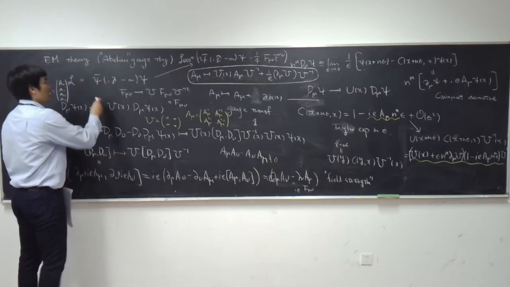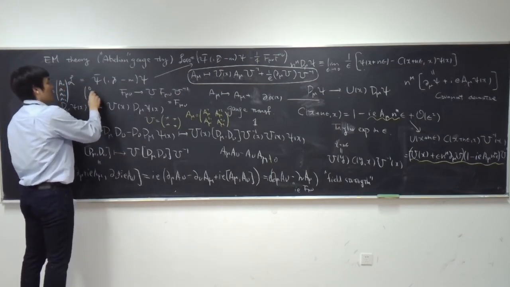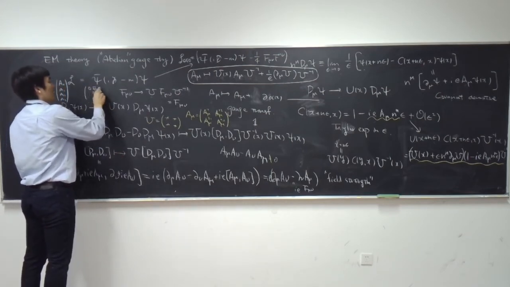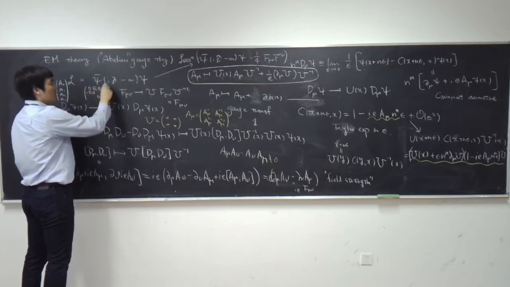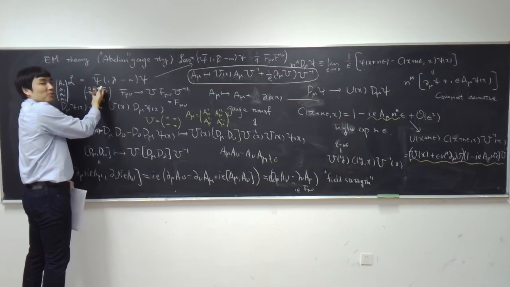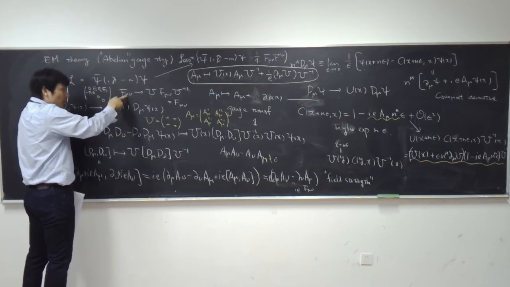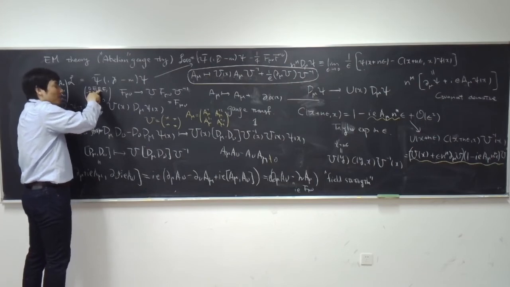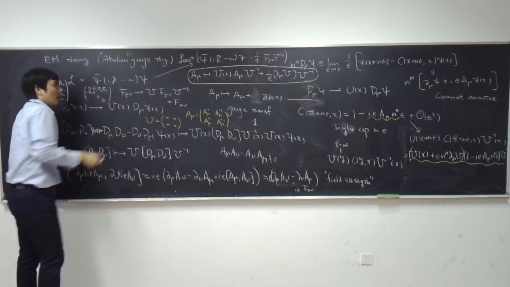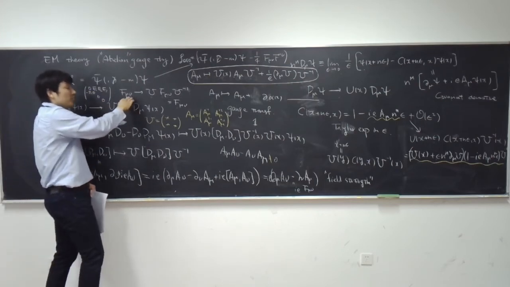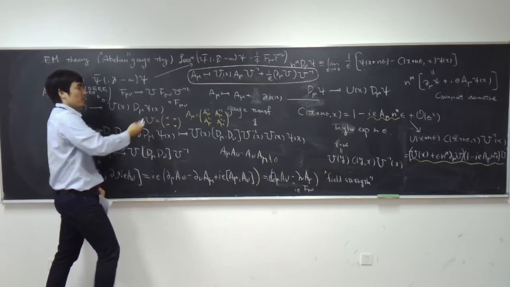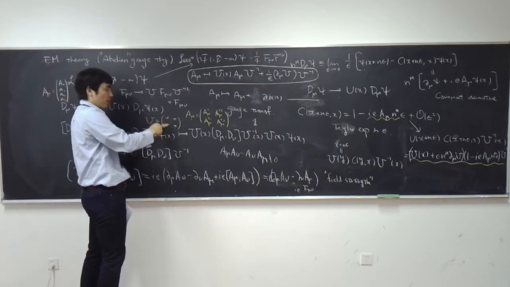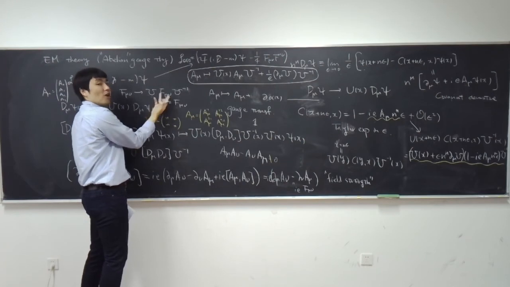It doesn't mean that F is something like the matrix with 0, 0, 0, 0, E2, E3, minus E1, and so on. I don't mean this matrix value. Once you fix mu and nu, for instance this E or B or whatever, it still takes a matrix value. And U also takes a matrix value, so they no longer commute.